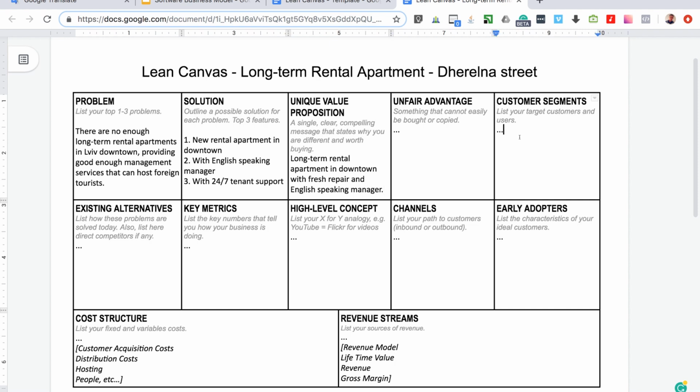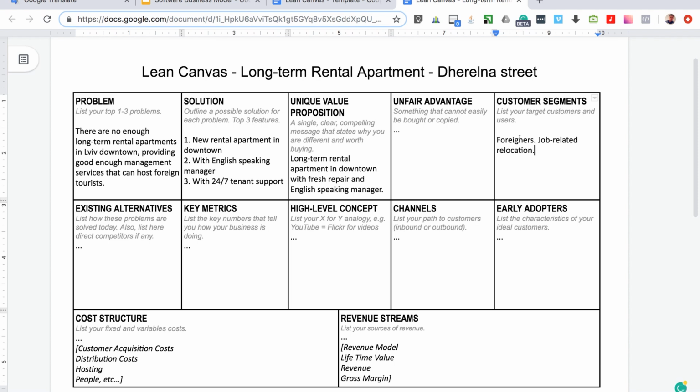I wanted to host long-term foreign tourists, people who were moving to Ukraine due to their job requirements. So in my customer segments block, I would enter foreigners, let's say job-related relocation.